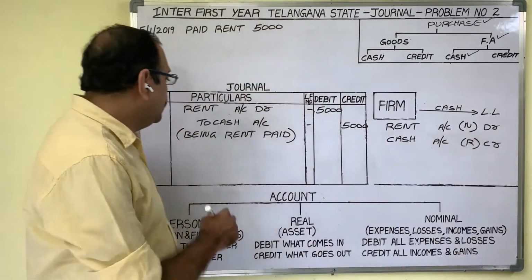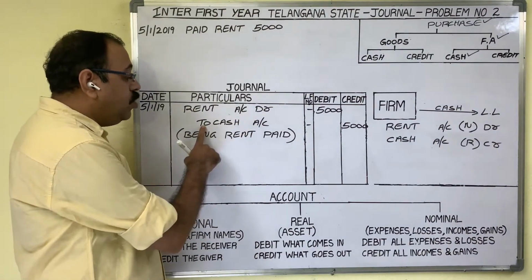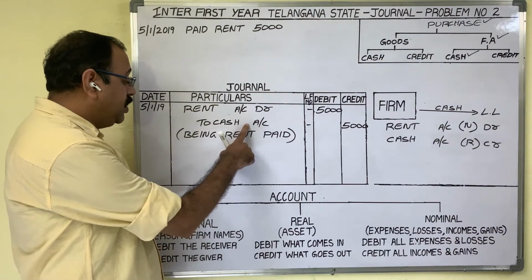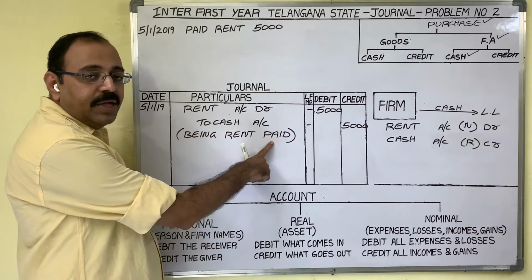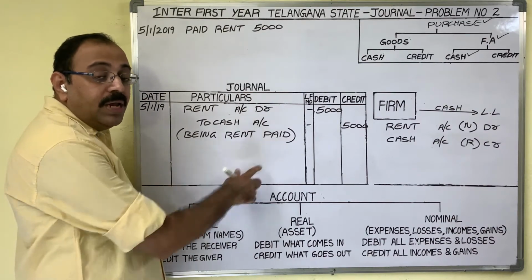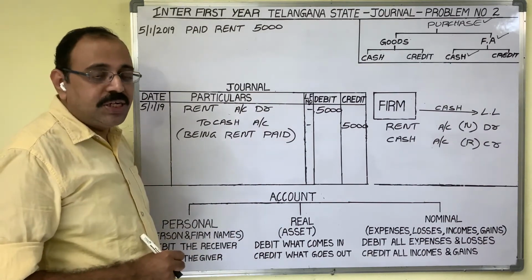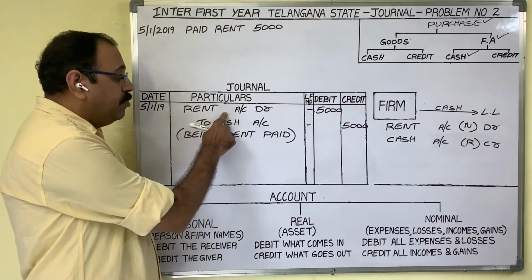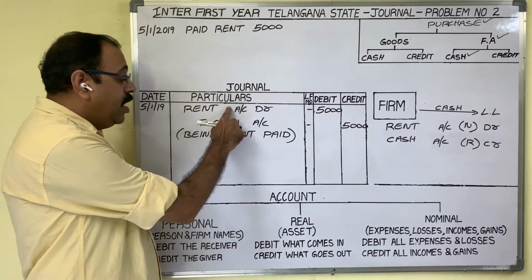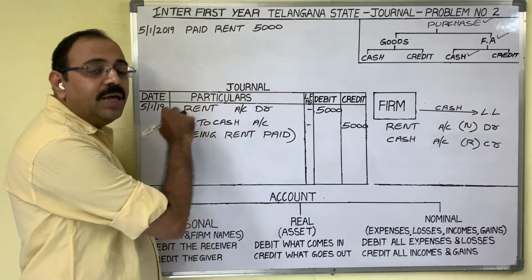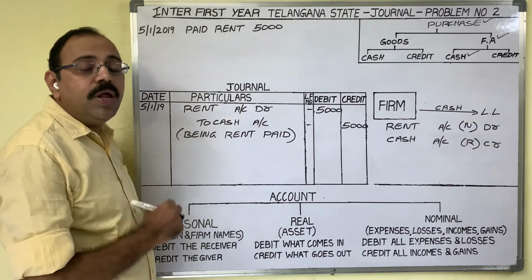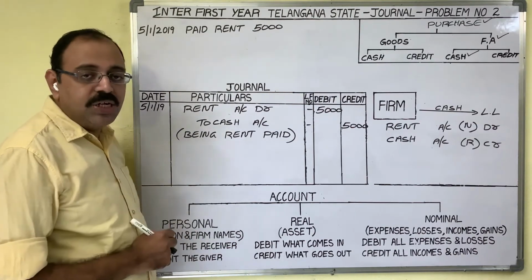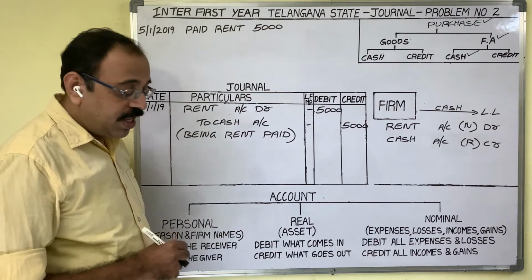Final entry is rent account debtor to cash account. Narration being rent paid. Always remember, in case of expenditure, the expenditure name should be debited and cash account is to be credited. There are some more expenditure transactions in the question. Let me explain here only.